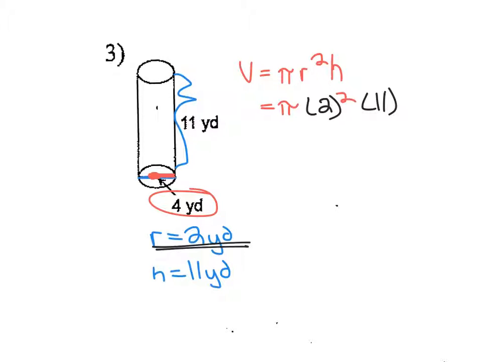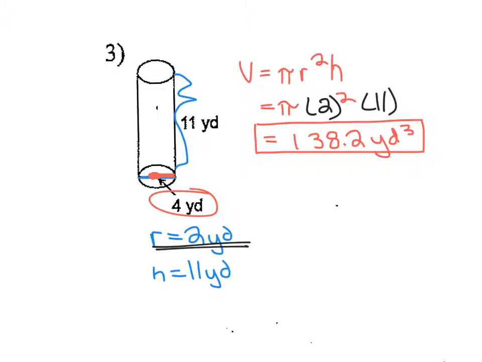We should get 138, rounding to the 10th place, 0.2 yards cubed. And then that is our volume. Remember that if they gave you the diameter, which is the distance all the way across the circle, we must have the radius, which is halfway across, because that is what gives us our area of that circle.